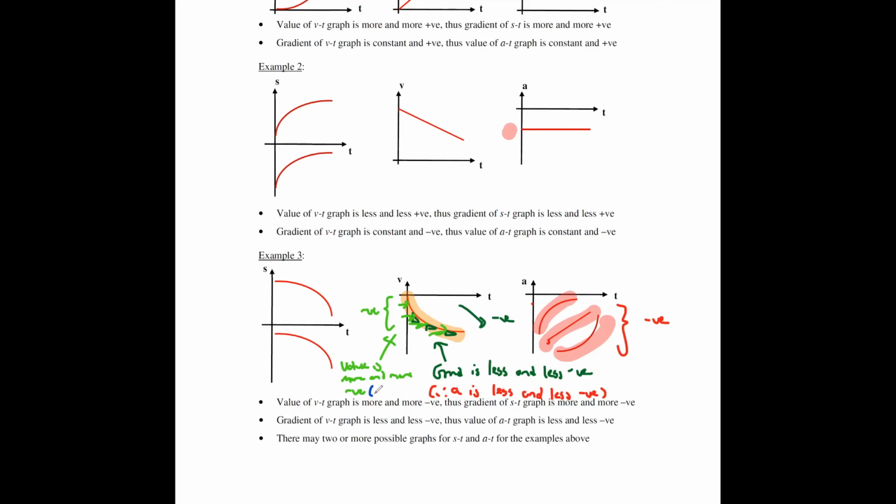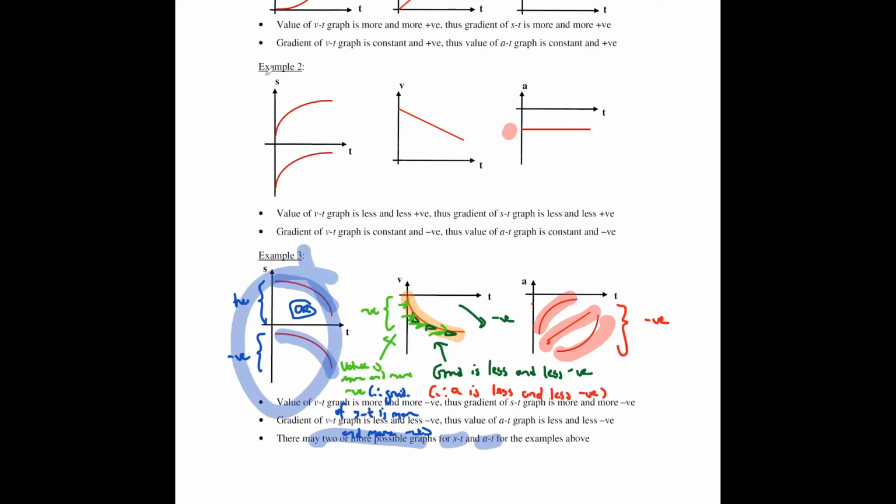So the next thing I'll say is therefore gradient of ST is more and more negative, which again gives me something like this. I can have two possible choices. I do not know whether the displacement will always be positive. I do not know whether the displacement will always be negative. You just don't know, but you do know that the gradient variation is like this, okay? So in some cases, you will get two possible graphs for ST and AT graphs for the examples above, like the ones that I showed you here.